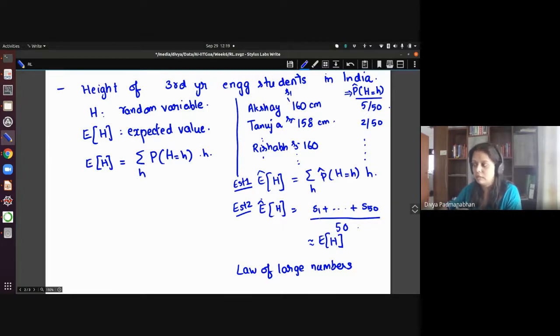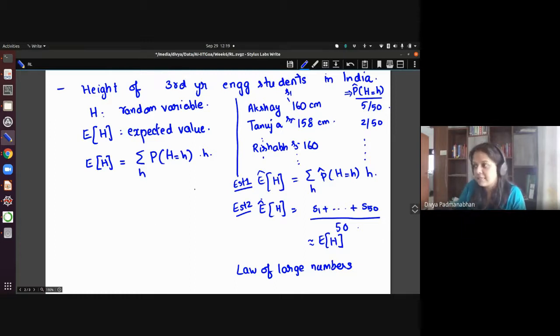It's just that you're splitting these 5 by 50, taking it as 1 by 50 times 160, plus 1 by 50 times 160, like that. That's the only difference. But you see, there are these two approaches, and whatever we are going to do next is just a distinction between these two.